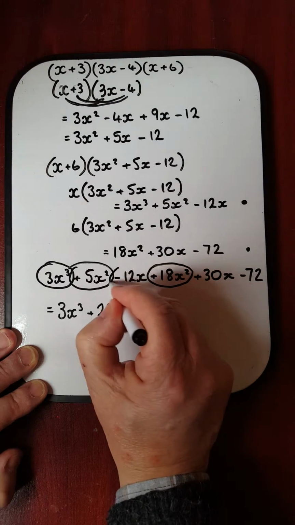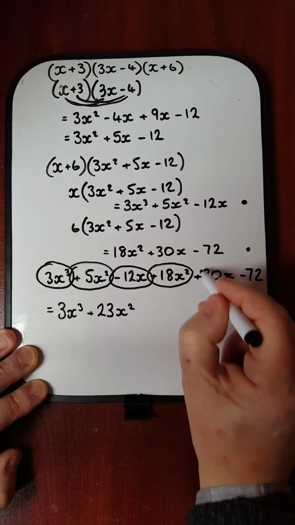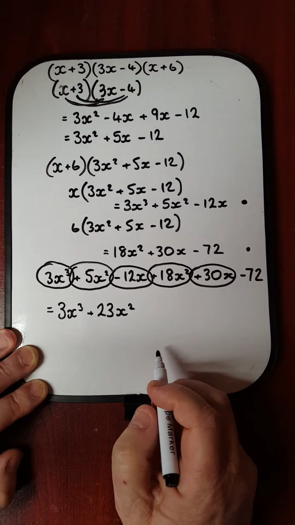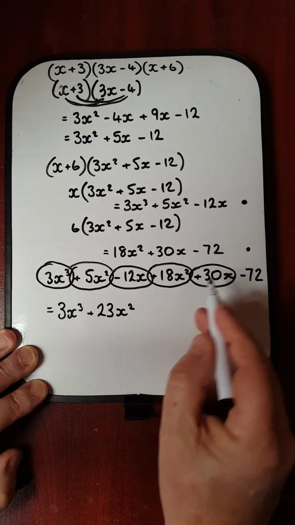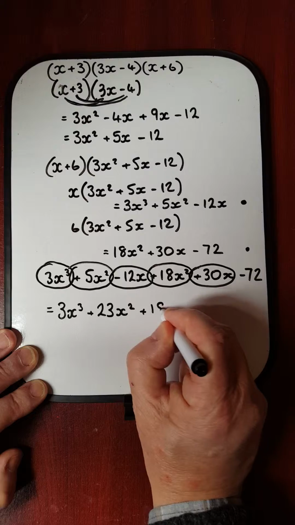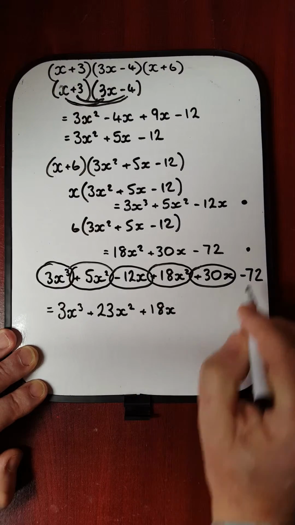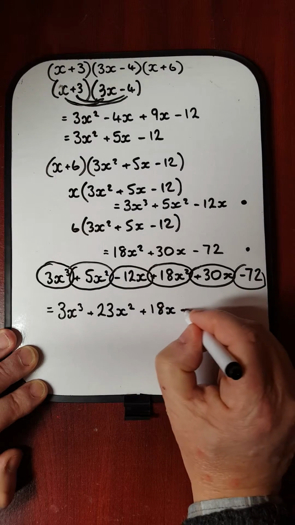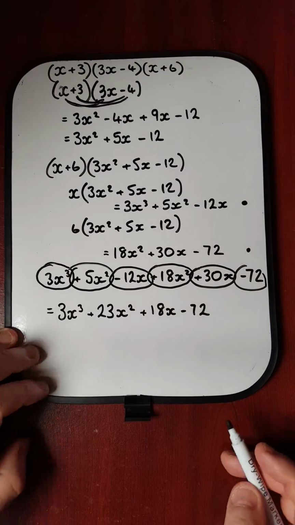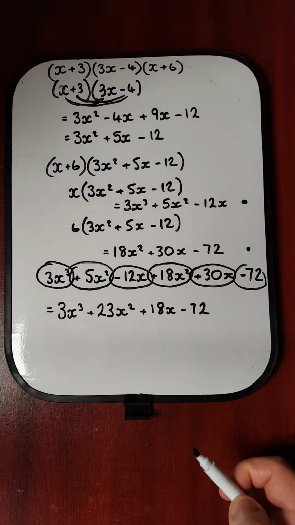The regular x elements, we've got minus 12 plus 30. Minus 12 plus 30 is the same as 30 minus 12, and that's going to be 18, 18x. And then we've got minus 72 at the end, and we've completed the entire thing.